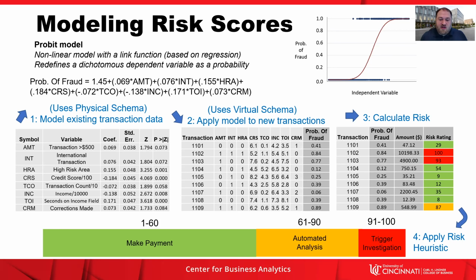Then in turn, you're able to put that on some type of risk score that allows you to deal with these problems differently. So for something that say has a high probability, but a really low amount associated with it, you might go ahead and make the payment anyway, because while you're concerned about it, it won't be problematic enough that it would be worth upsetting the customer if it was legitimate.